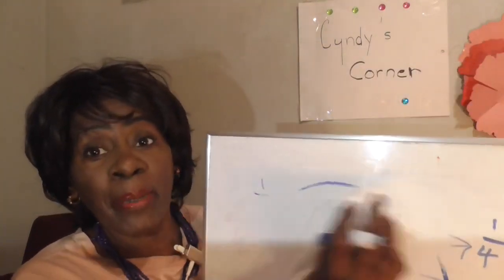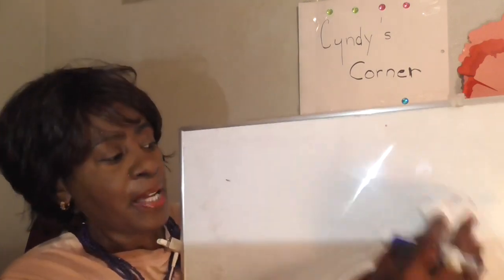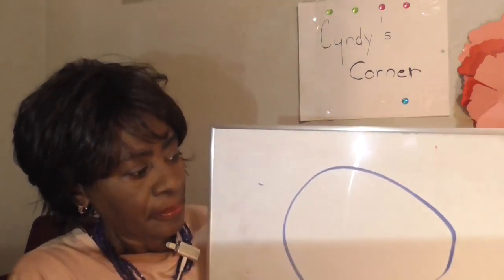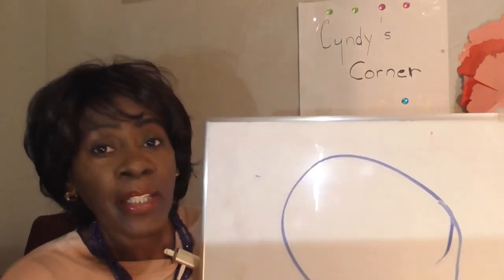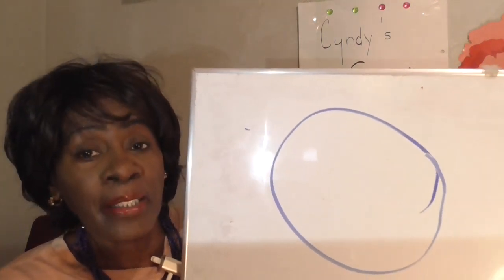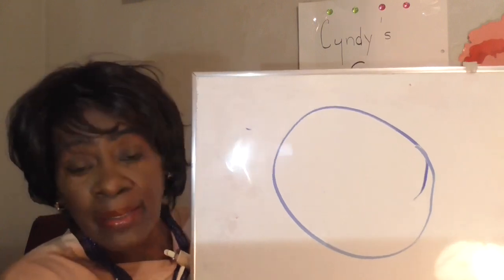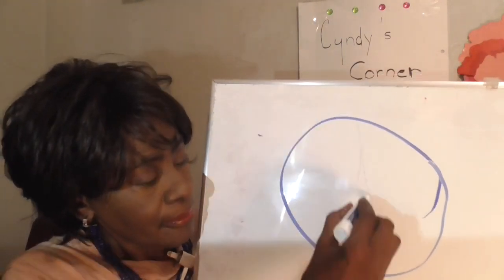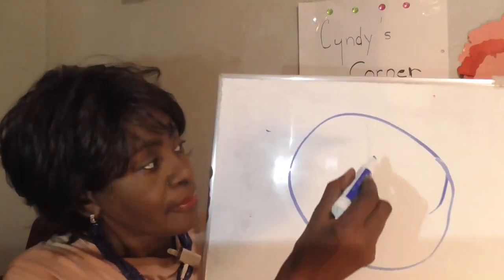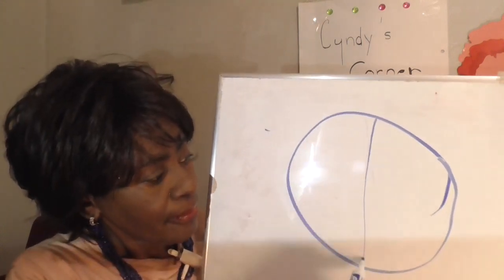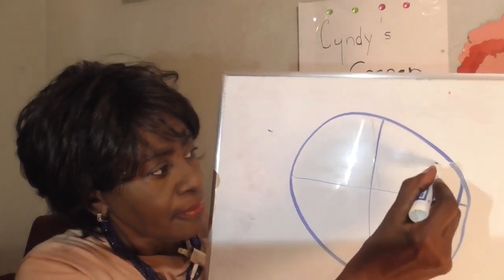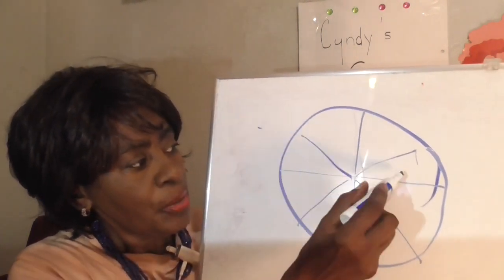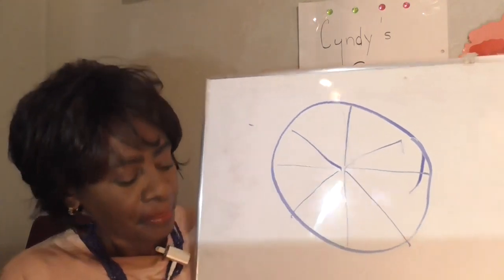Grandpa decides he wants to bake a pie. Grandpa's pie is done. And instead of cutting his pie in 4 pieces, he cuts it in 8 pieces. One, 2, 3, 4, 5, 6, 7, 8.